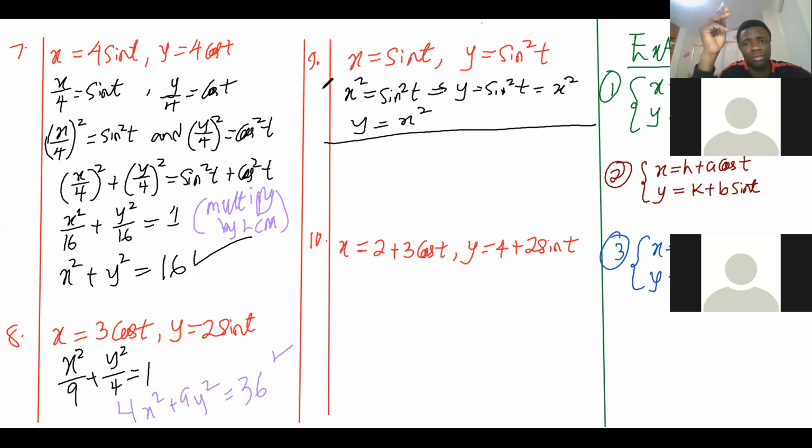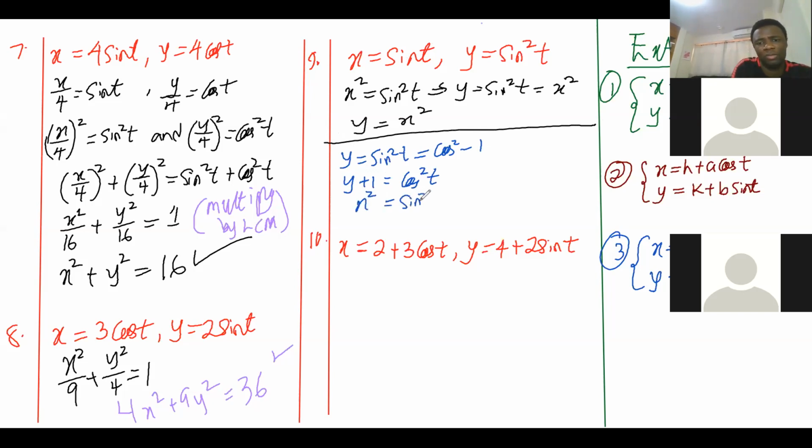There are other ways. I could write this as y equals sine squared t, which sine squared is cos squared t minus 1. So I could say y plus 1 equals cos squared. And from x, my x squared is equal to sine squared. And if I add both sides, I get y plus 1 plus x squared is equal to 1.